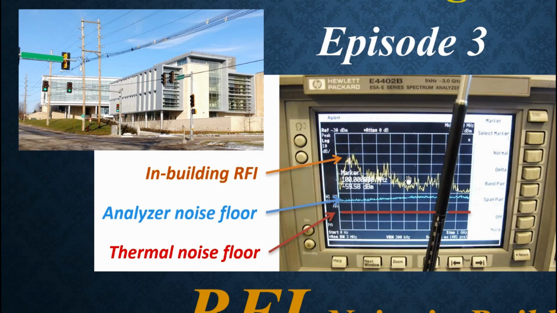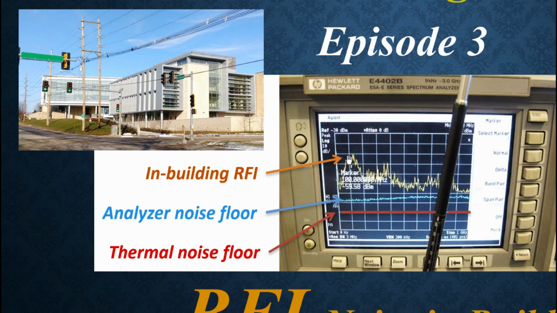In the real world, as you can see here on this spectrum analyzer plot, the analyzer is able to receive signals down to this blue line, which we call the analyzer noise floor. It's the thermal noise floor, KTB, at the antenna, plus noise figure in the analyzer.